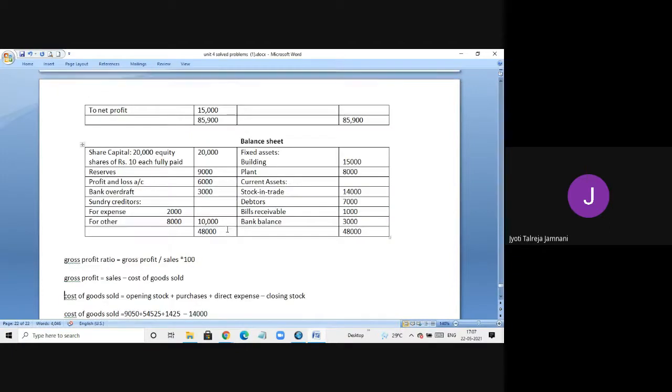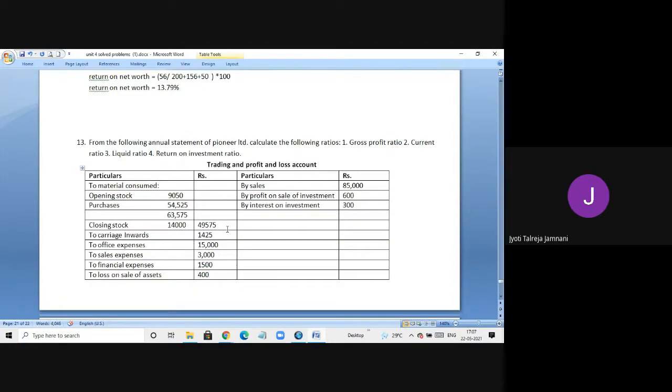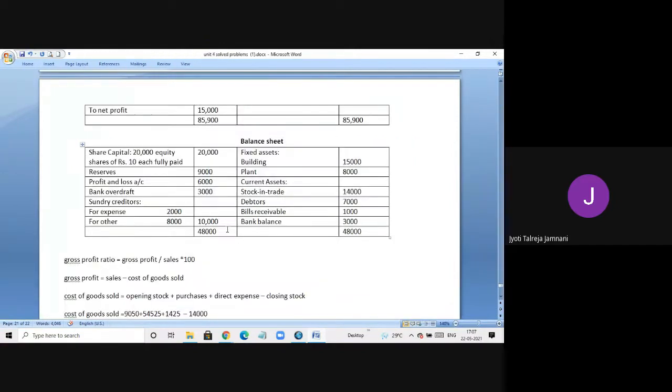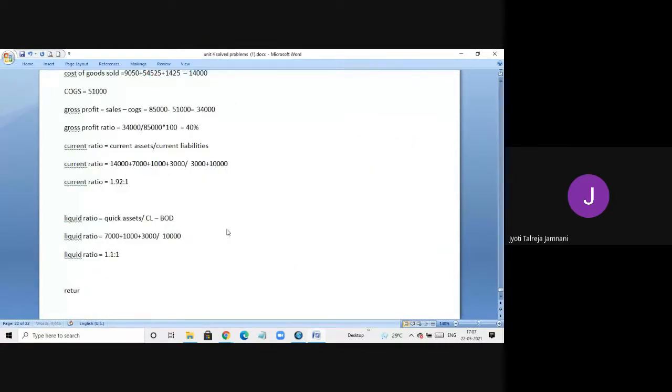See what is the next that they have asked. Last one, it is return on investment ratio. Return on investment ratio equals EBIT divided by capital employed.